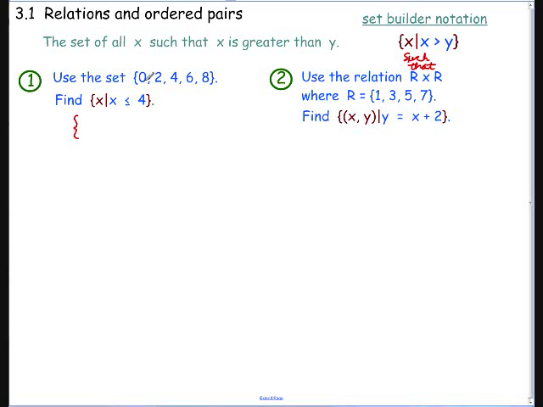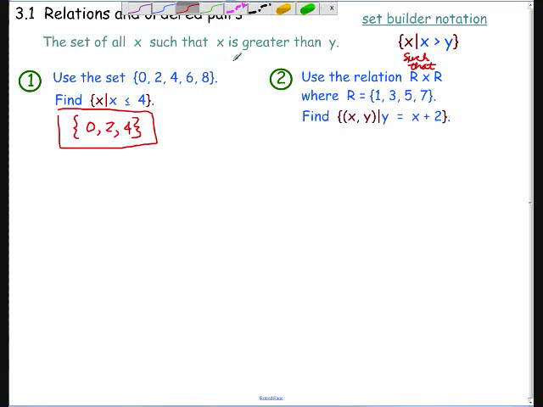Well, 0 is less than 4, so it's going to include 0. 2 is less than 4. 4 is not less than, but it's equal to, and that's included. 6 and 8 are excluded. So we have now found all X such that X is less than or equal to 4.